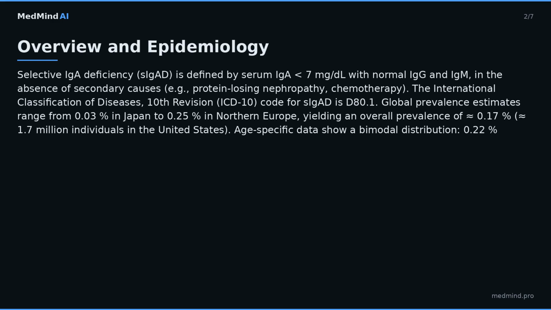Age-specific data show a bimodal distribution, 0.22% prevalence in children less than 10 years and 0.19% in adults 30 to 45 years. Male-to-female ratio is 1.3 to 1.